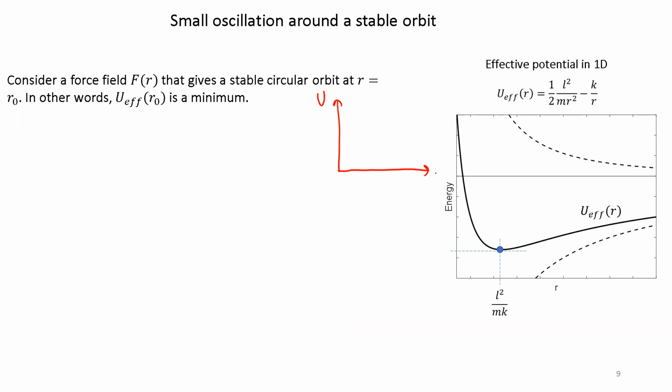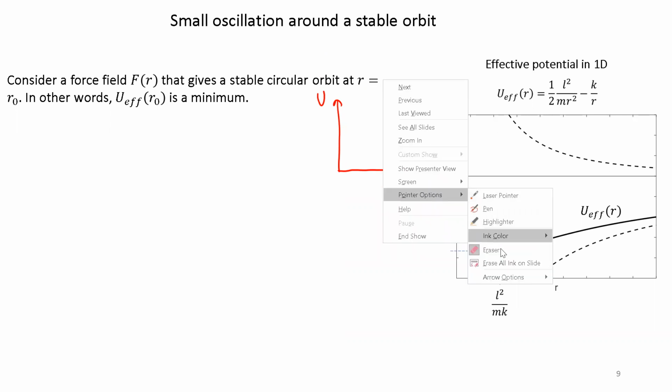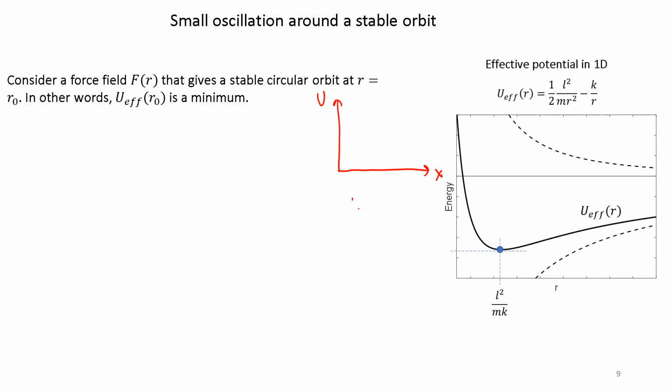The potential U for a real harmonic oscillator is given by 1/2 k (x minus x naught) squared, where x naught is the natural length of your spring. Then the curve will look like this.